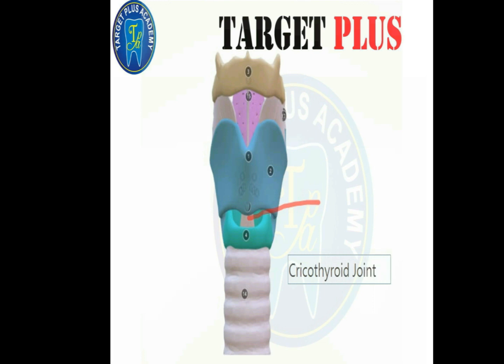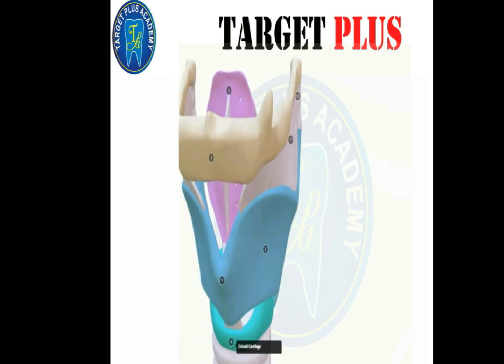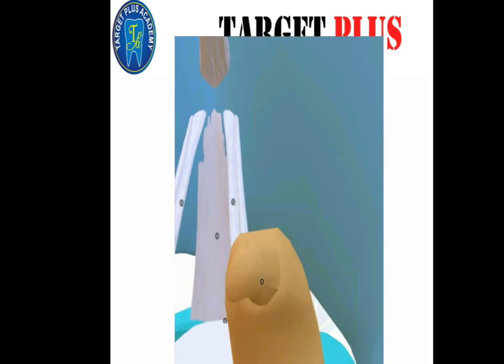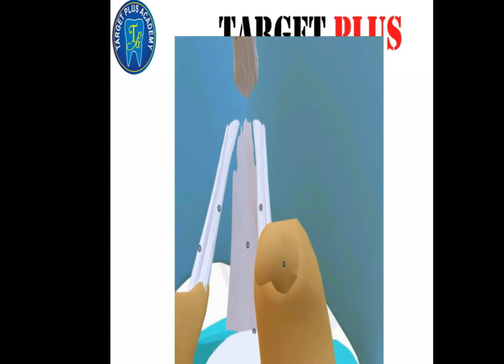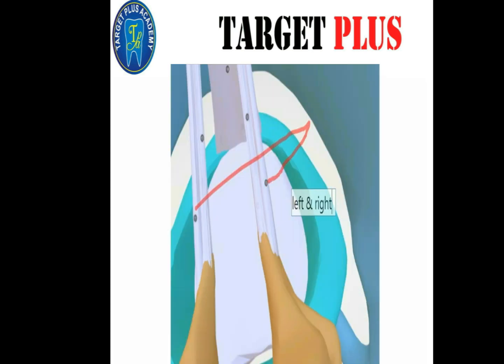Now let us discuss the various attachments to the thyroid cartilage. These are the vocal cords you can see on both sides. This is the left vocal cord, this is the right vocal cord. Other is the vestibular fold. This is the left vestibular fold and this is the right vestibular fold.